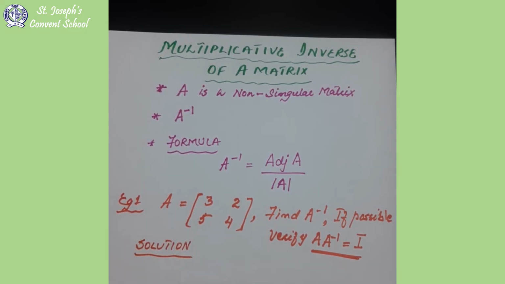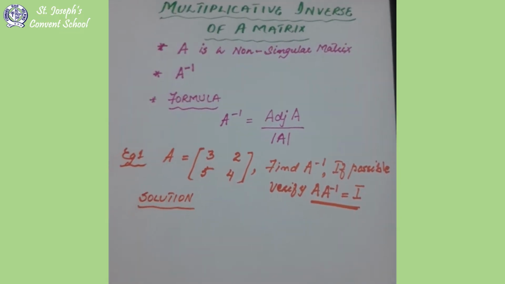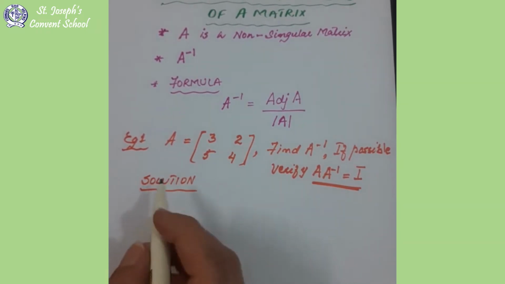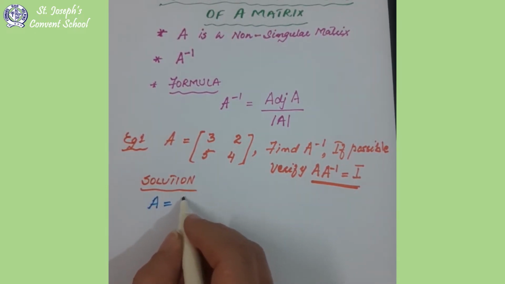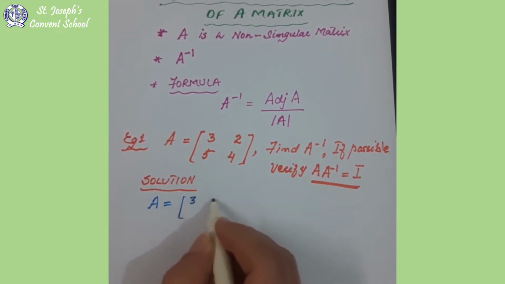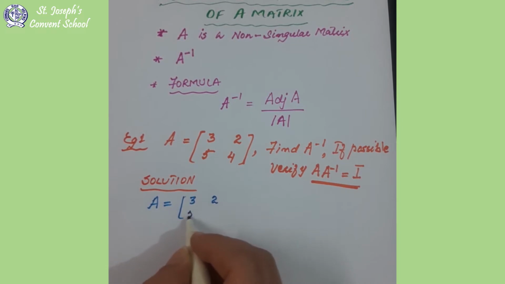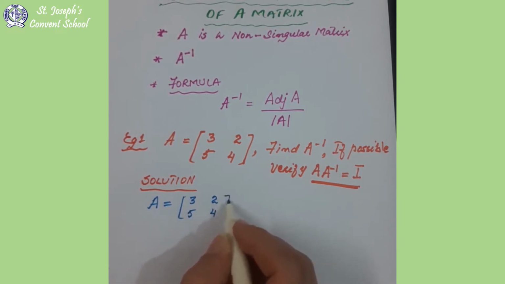First step is to find the determinant so that we can check if it is possible to solve it further or not. So matrix A is given. Let's write matrix A and change it into determinant form. A is 3, 2, 5 and 4.